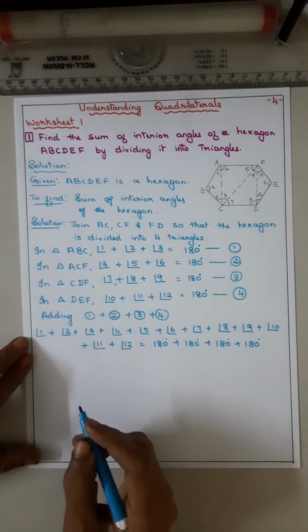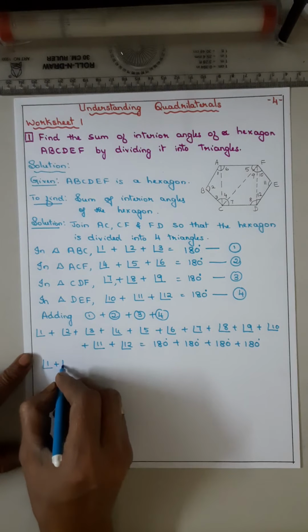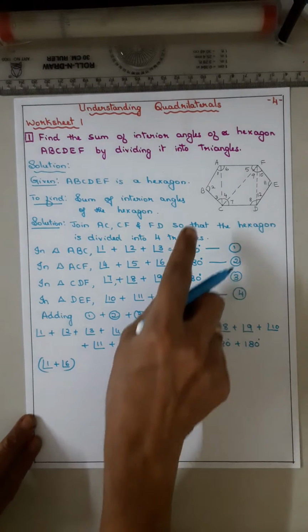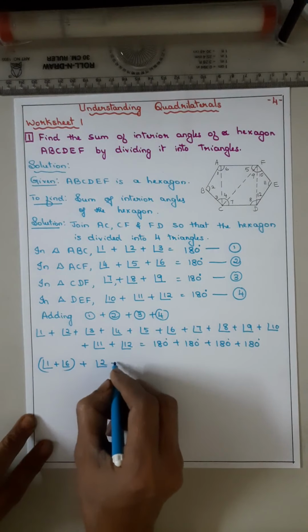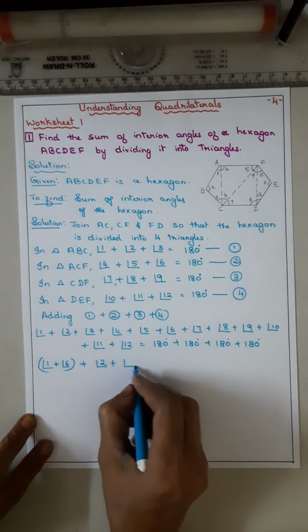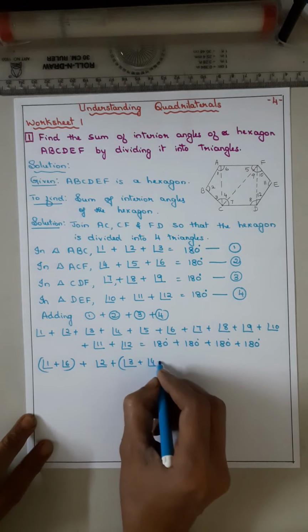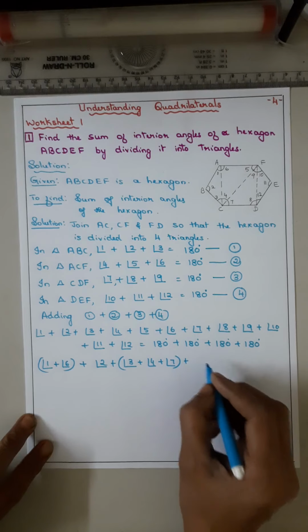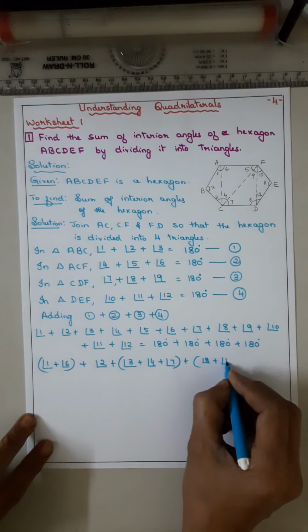Now rearrange. At A, what is it? Angle 1 plus angle 6. See the figure and write. At B, it is angle 2. At C, 3 angles are there: angle 3 plus angle 4 plus angle 7. Now at D, it is angle 8 plus angle 12.